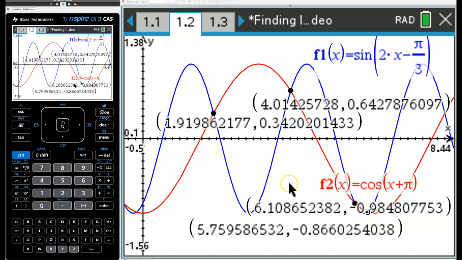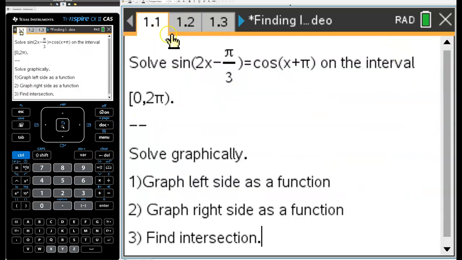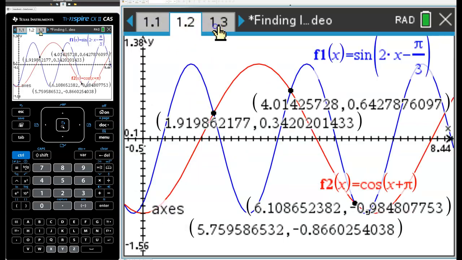And again, if you're not sure, you can change your window settings or your step to make that more clear. All right, so we have 4 solutions. Our solutions to this problem would just be the x values. So x is equal to, that would be our solutions.